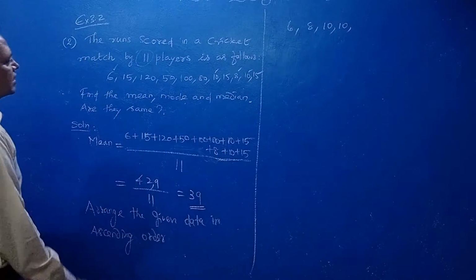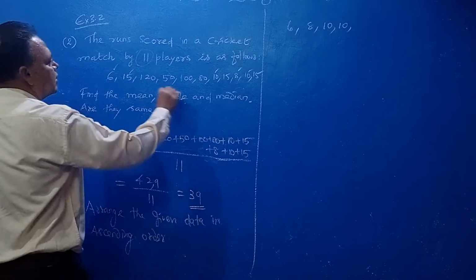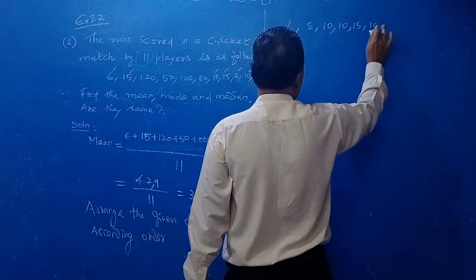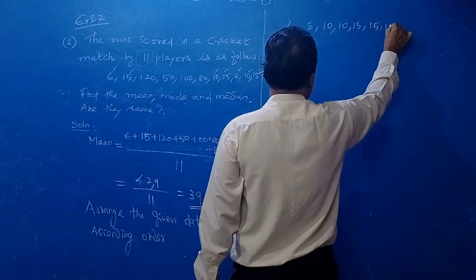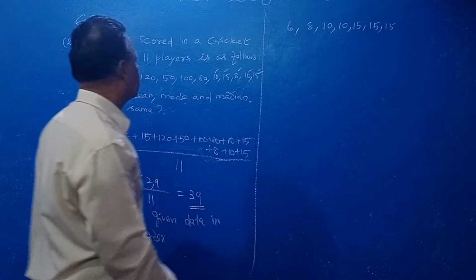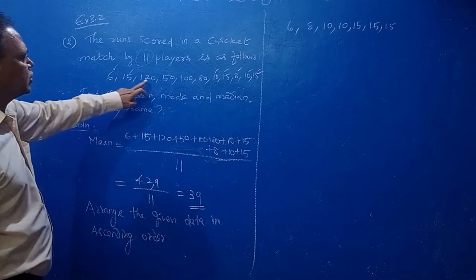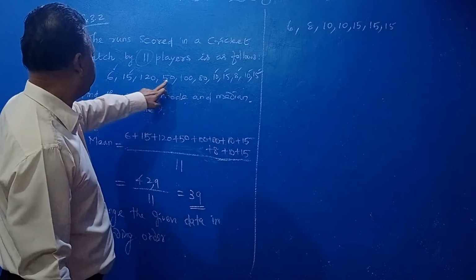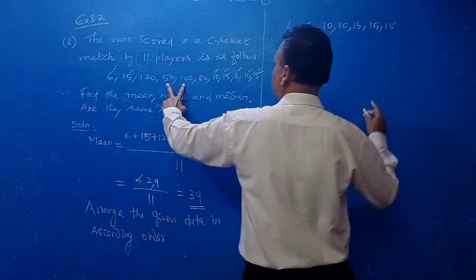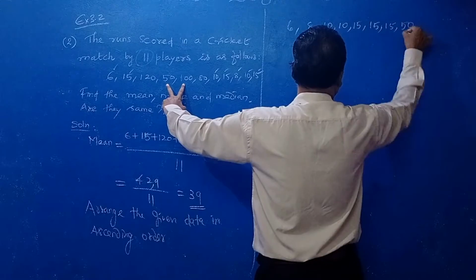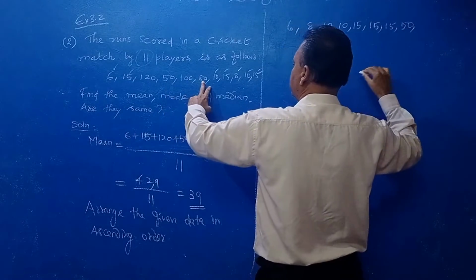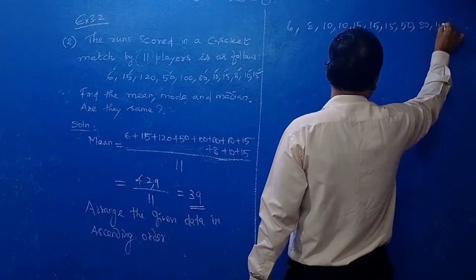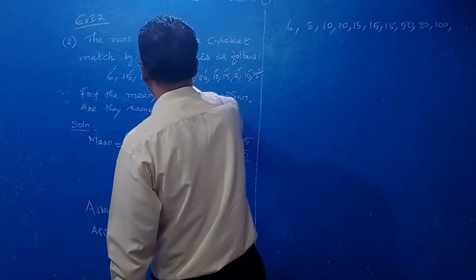Then next data 15, 3 times you have. After 15, 50 there, right? 50, 50, then 80, then 100, 100, then 120.